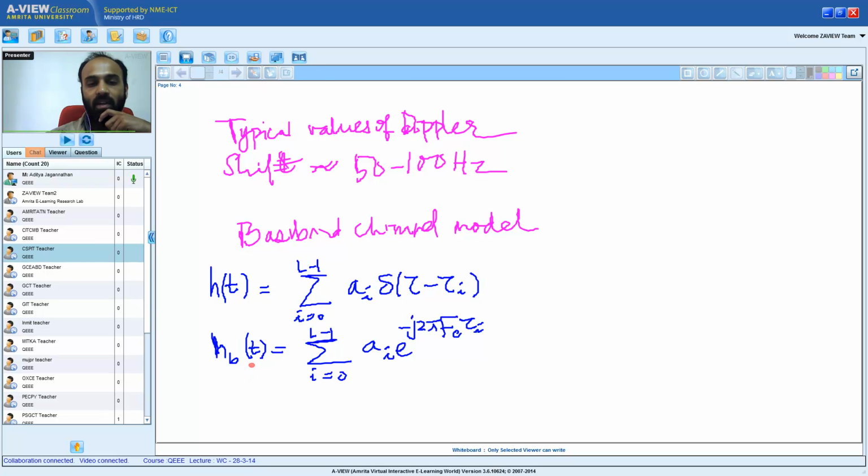We said this is the baseband channel coefficient, right? This is, by the way, h of tau. This is the channel.